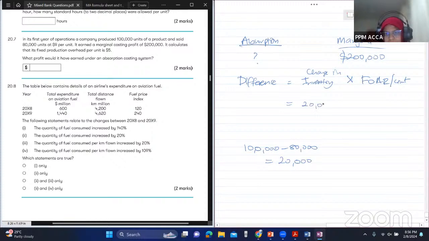That's 20,000 multiplied by the fixed overhead absorption rate, which is given directly as 5. So 20,000 into 5 is obviously 100,000. Now, we know the difference between absorption and marginal costing should be 100,000. But the question is, is this 300,000? Because even 300,000 is 100,000 more.